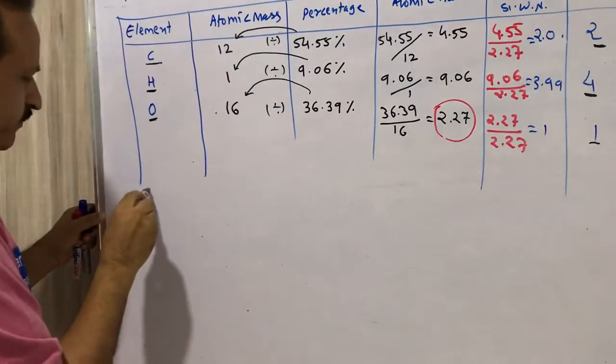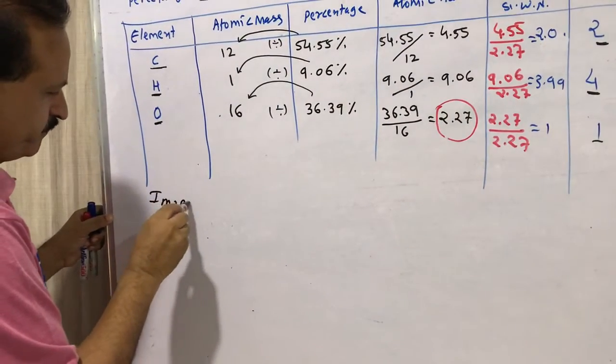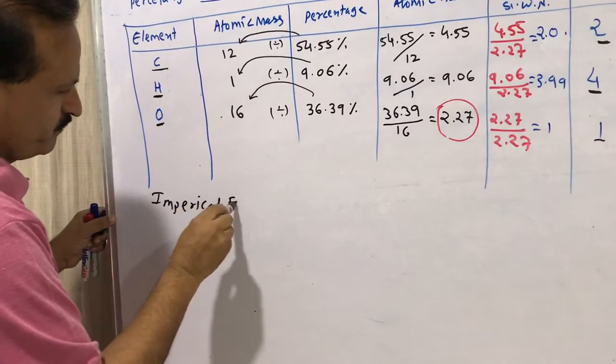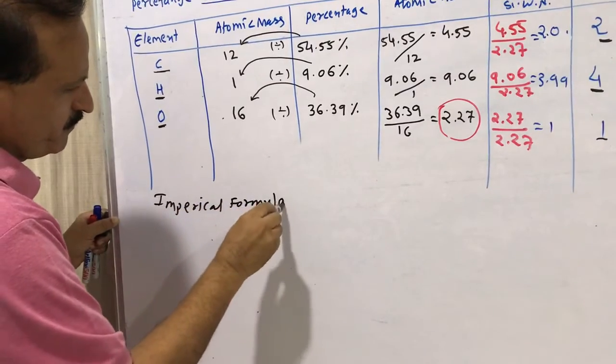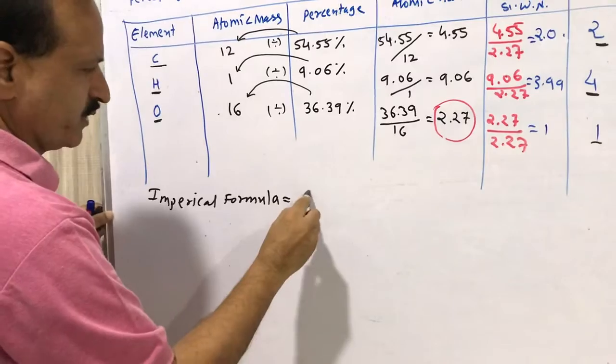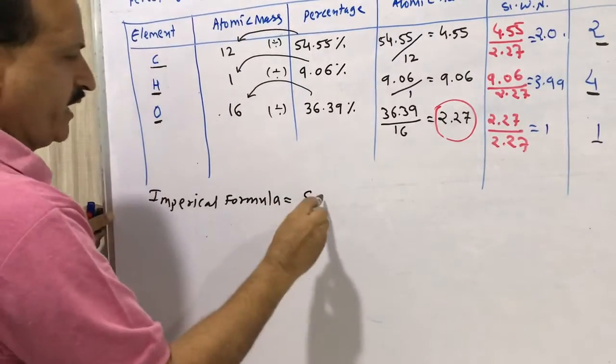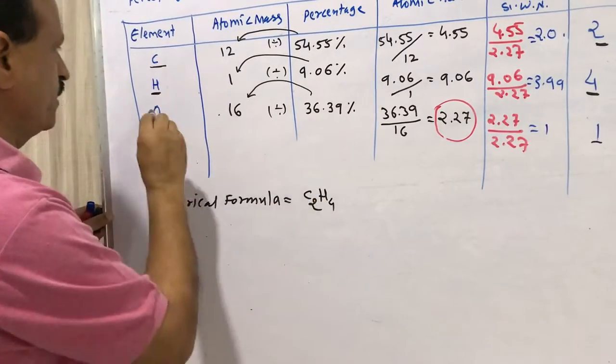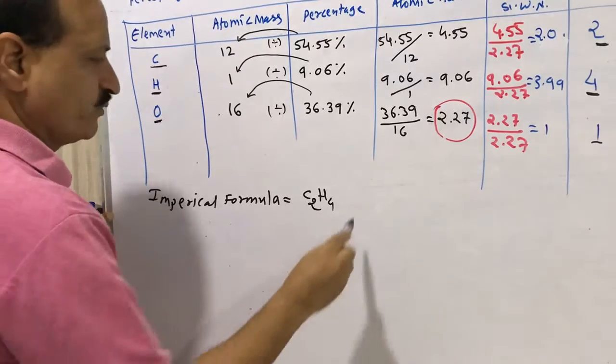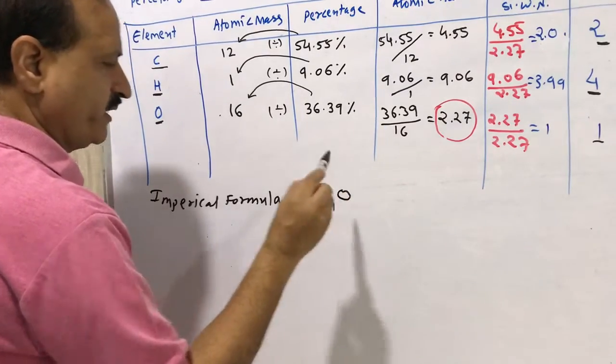So empirical formula equal to carbon 2 means C2, hydrogen 4 means H4 and oxygen is 1, O1. This is the empirical formula.